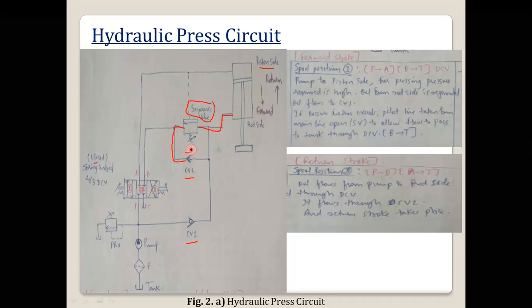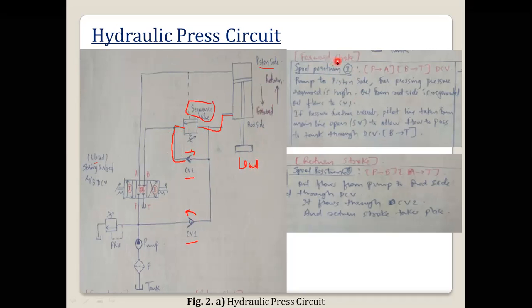So this is the flow direction, and for check valve 1, this will be the flow direction. That means on the left side the flow will happen, and here the load will be there. The cylinder is a vertical, double acting cylinder. So this is the circuit diagram of the hydraulic press circuit.